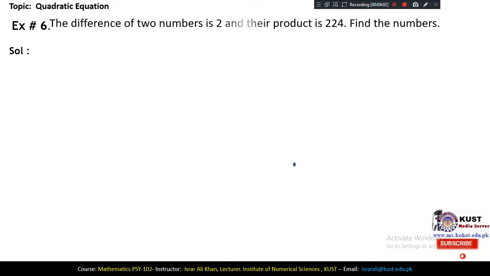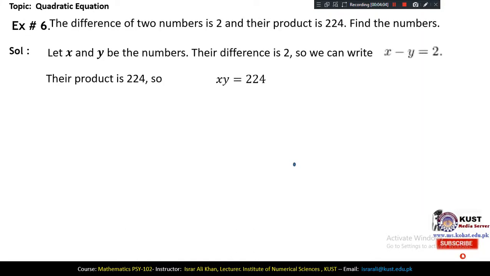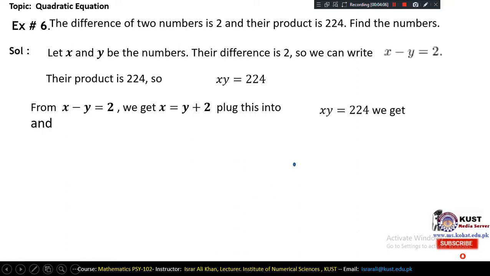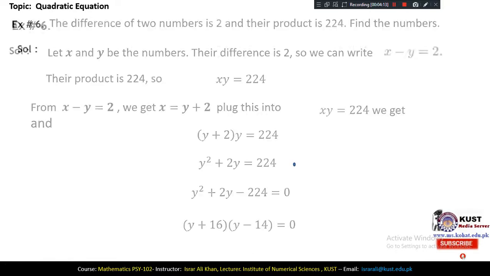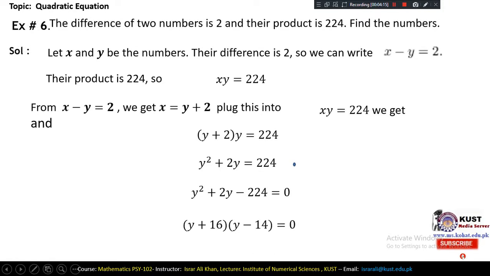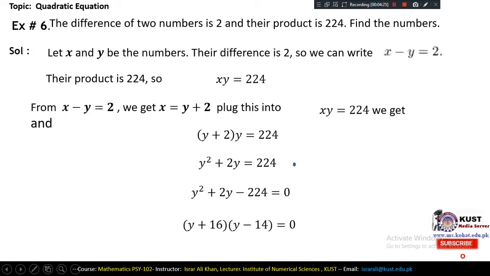And now here's another example. The difference of two numbers is 2, and their product is 224. Find the numbers. Let x and y be the numbers whose difference is 2, meaning x - y = 2, and whose product is 224, meaning x multiplied by y is equal to 224.